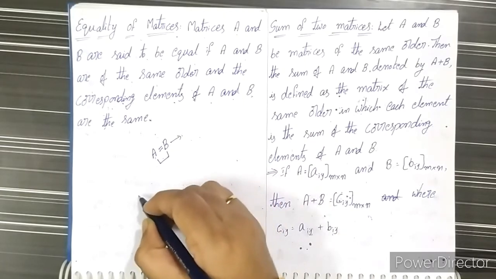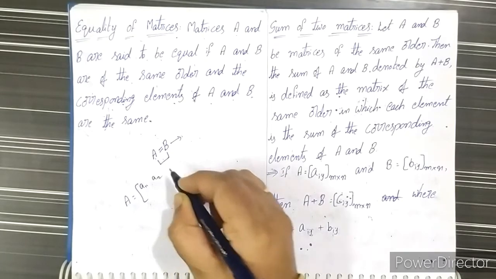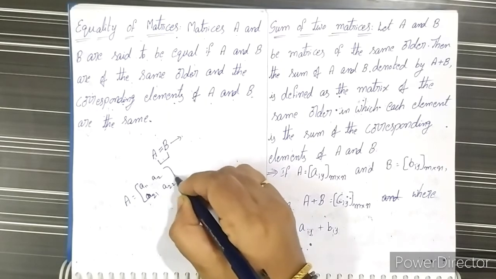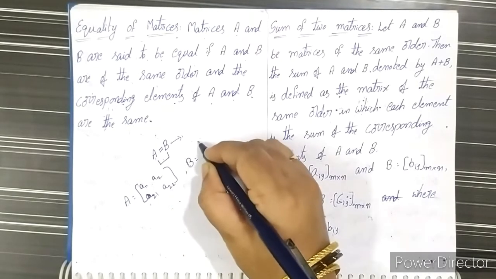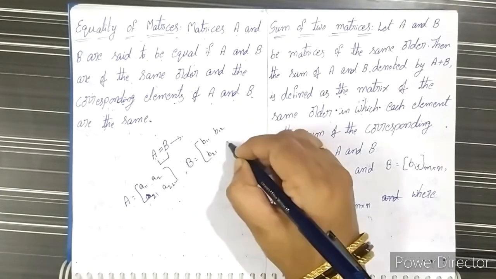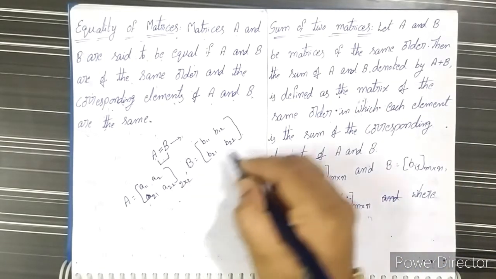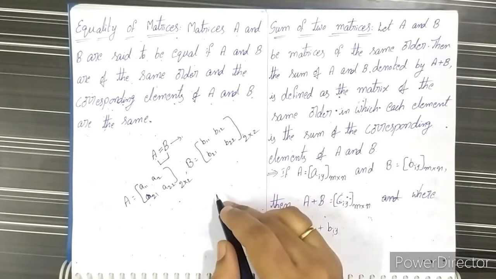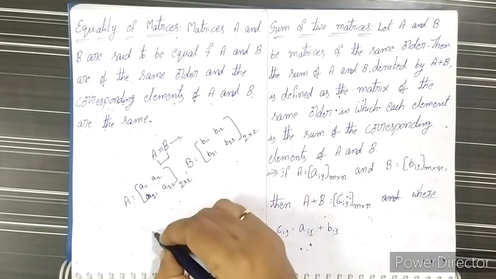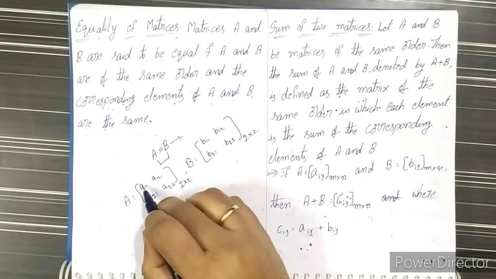That means if capital A equals A11, A12, A21, A22 and B equals B11, B12, B21, B22, any two matrices of order 2 by 2, and A equals B, then the corresponding elements are also equal.